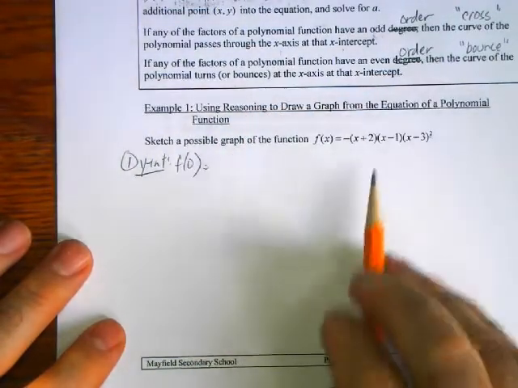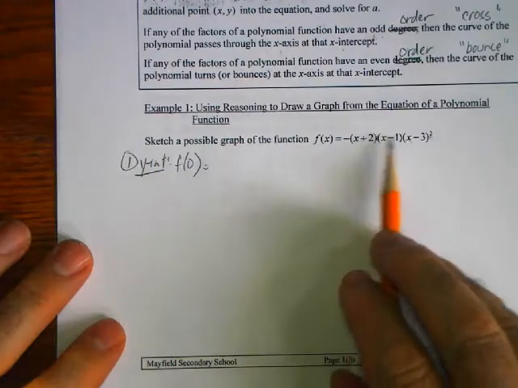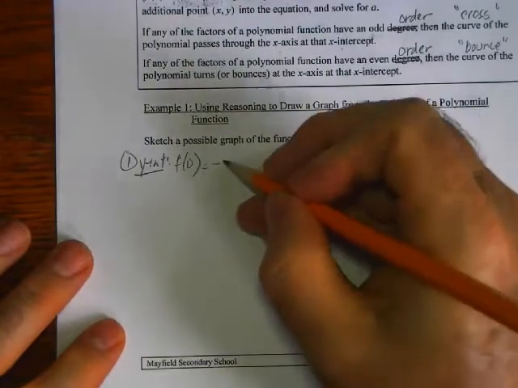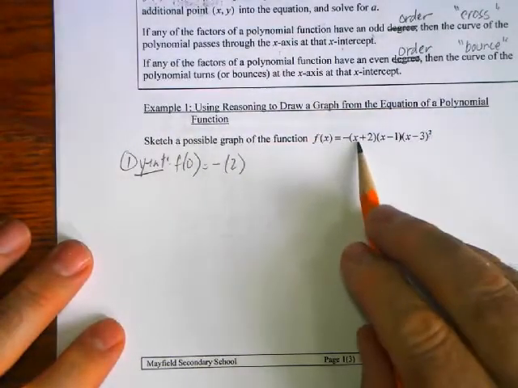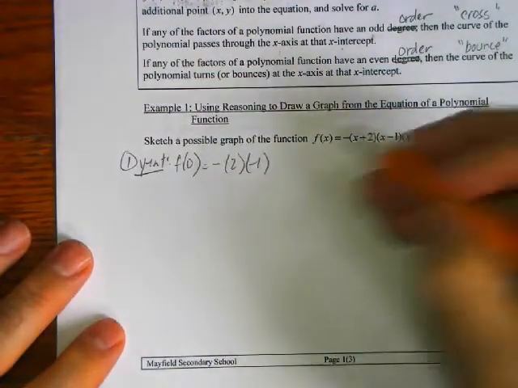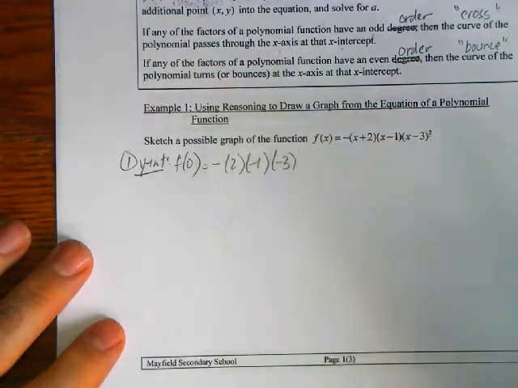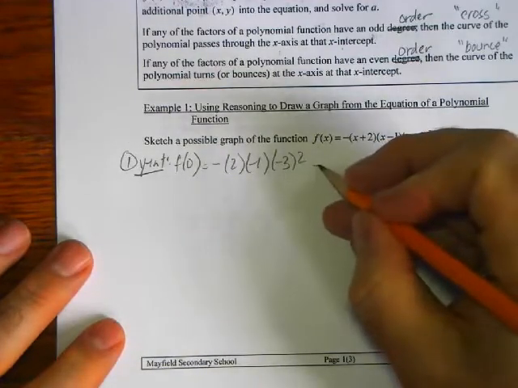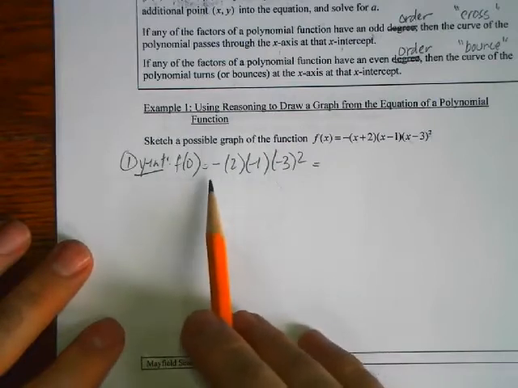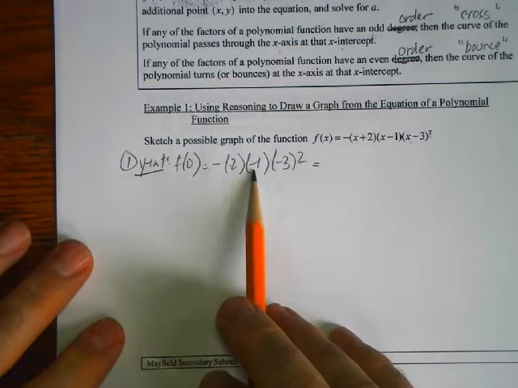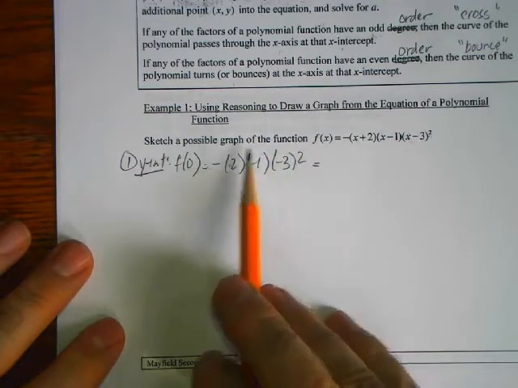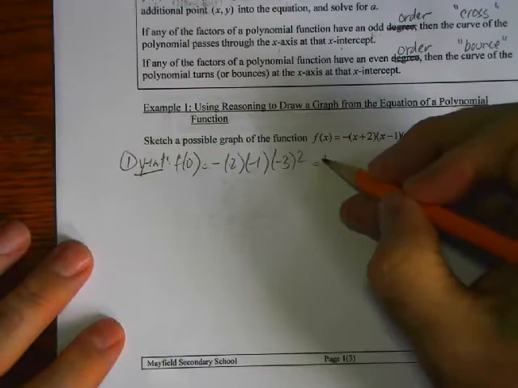Plugging zeros into these three spots, we get the negative sign times 2, because 0 plus 2 is 2, 0 minus 1 is negative 1, and 0 minus 3 is negative 3, but this one is squared. Now if you multiply these all together, negative 2 times negative 1 is positive 2, and negative 3 squared is positive 9, so positive 2 times positive 9 is positive 18.